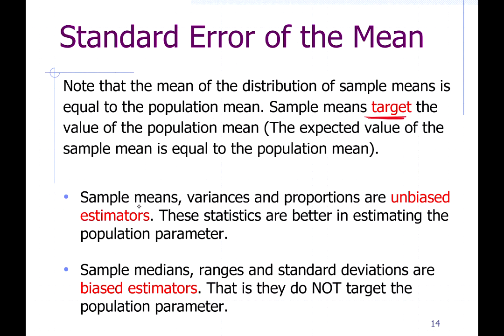So it turns out the mean, the variance, the proportion, these are unbiased estimators, whereas the median, the range, and the standard deviation are not. They are biased estimators, meaning if you take all possible standard deviations from all possible samples and you average them out, you're not going to get the population standard deviation.